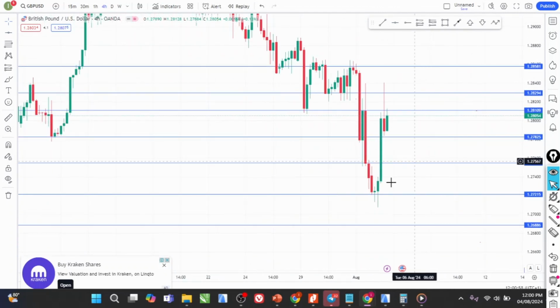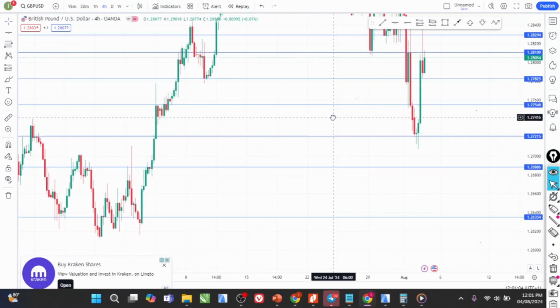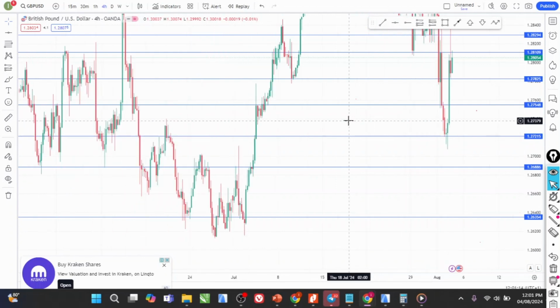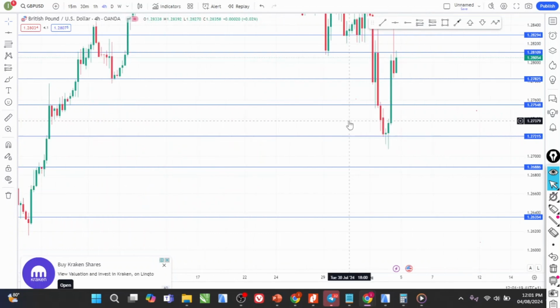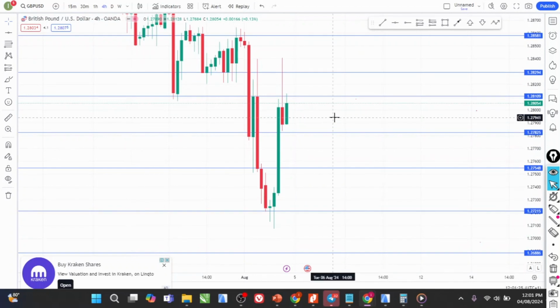So now, as you can see on the chart, we marked out our key levels, which are also known as psychological levels. That is areas of rejection, areas that price has rejected off, price has bounced off in the past, in the previous weeks. You understand? So these areas are very, very important to look out for on the chart.